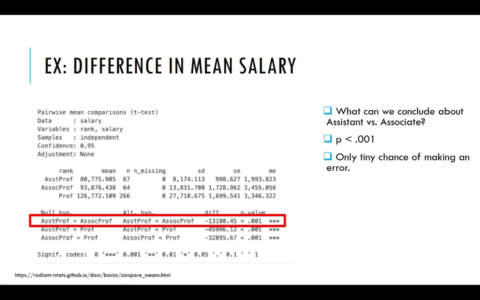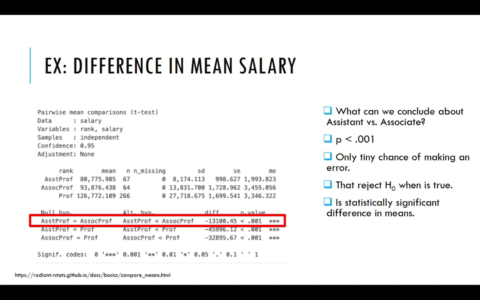It means that there's only a tiny chance of making an error. And what error is that? That we would reject the null hypothesis, saying there really is a difference, when it's actually true. So our error that we could make is that we reject the null hypothesis when it's actually true. So that there's a statistically significant difference in means is what we can conclude here.